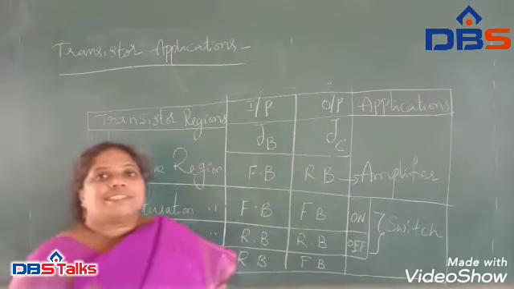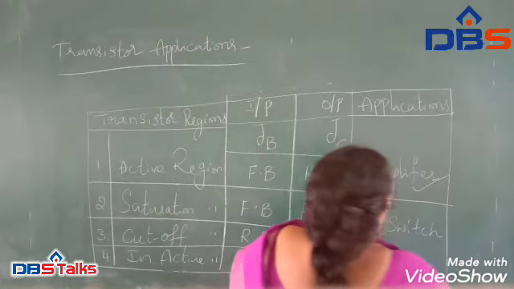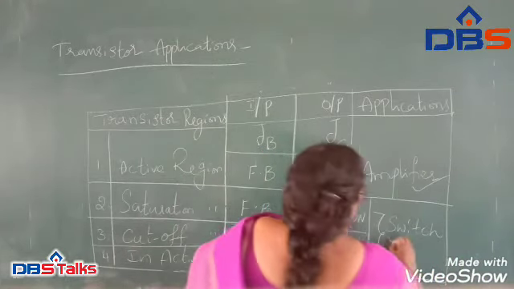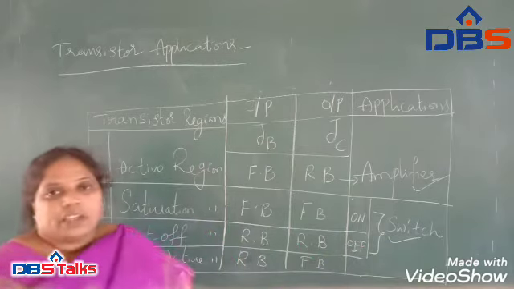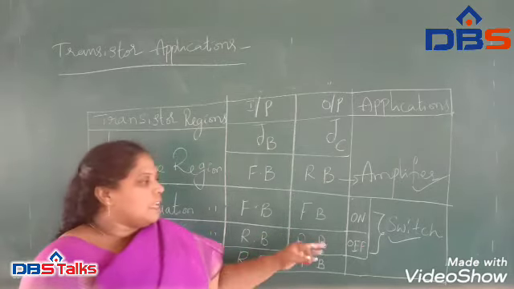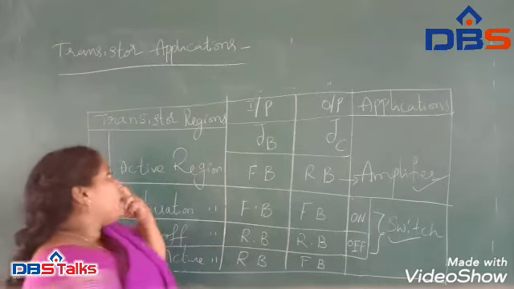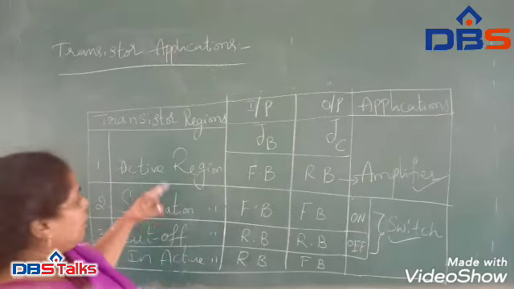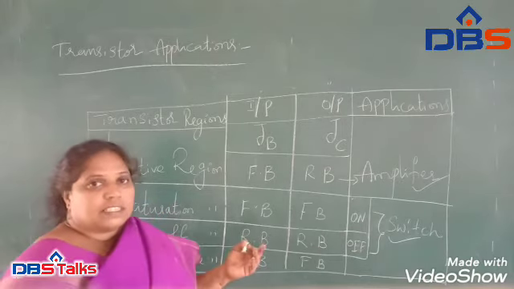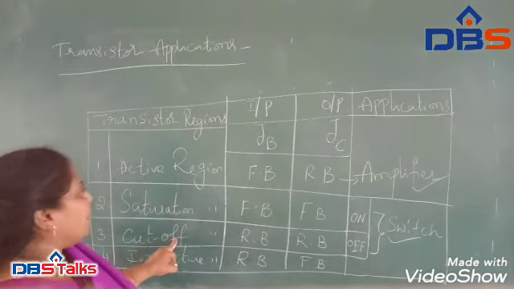So the major transistor application is the amplification transistor, and another application for the transistor is the switch state. So these are the regions. What are the regions we have? We can see in the transistor characteristics: active region, saturation region, cutoff region.